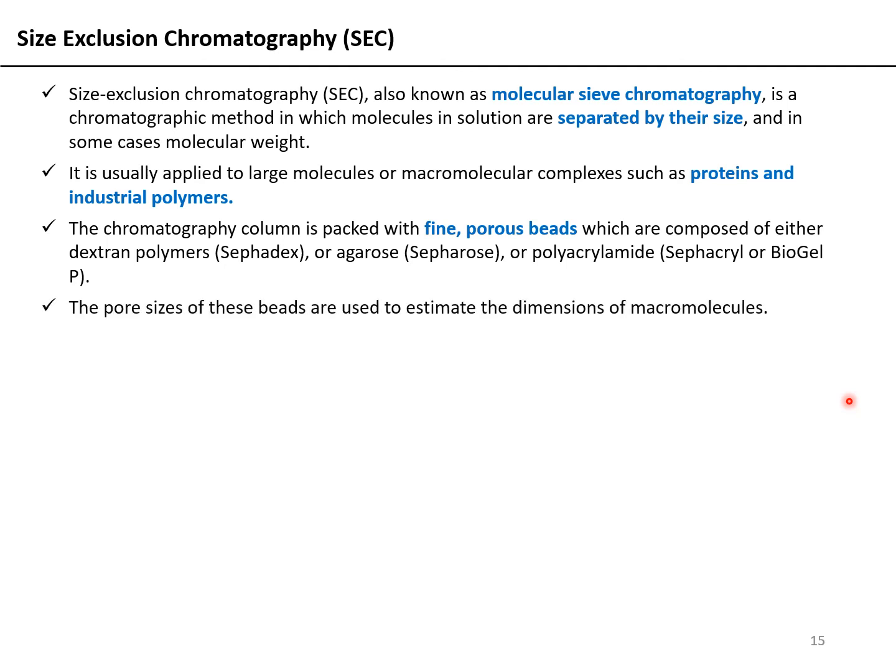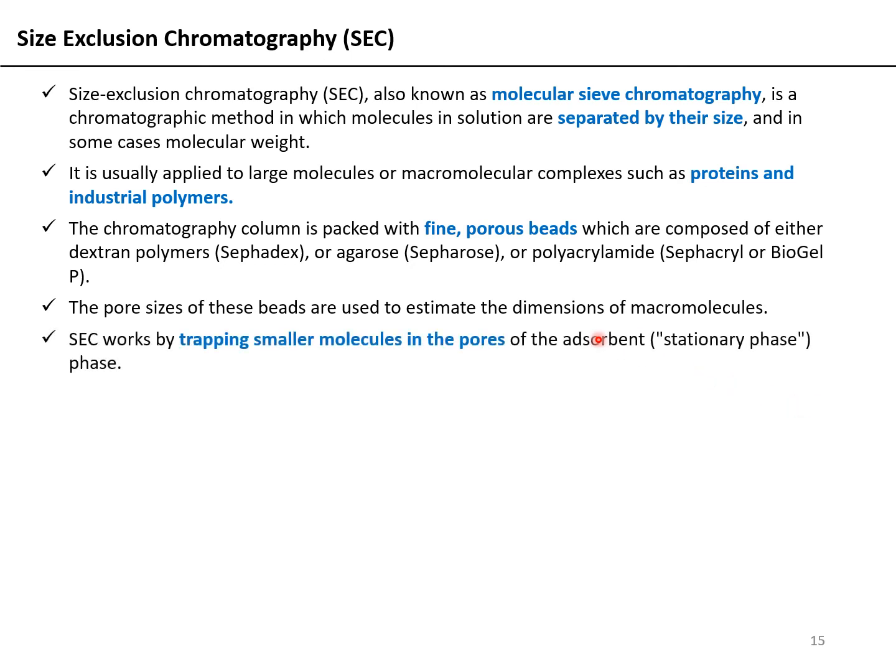The pore size of these beads is used to estimate the dimensions of the macromolecules. How does SEC work? It works by trapping the smaller molecules in the pores of the adsorbent stationary phase. You have your stationary phase, which is made up of porous beads.